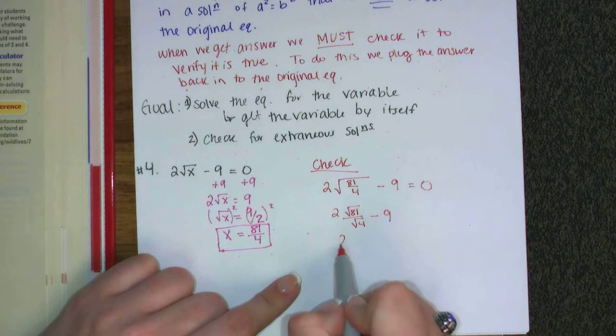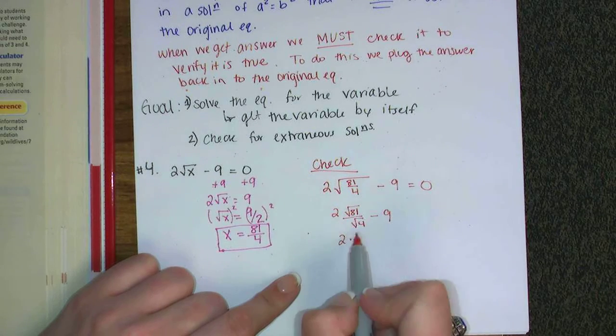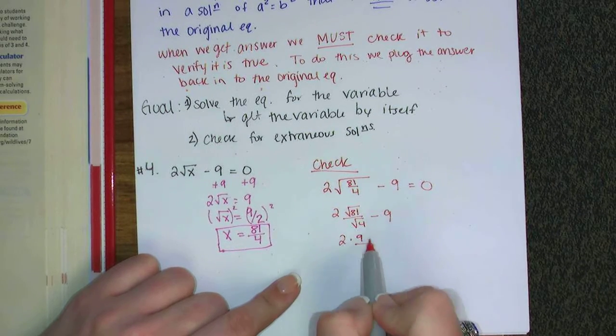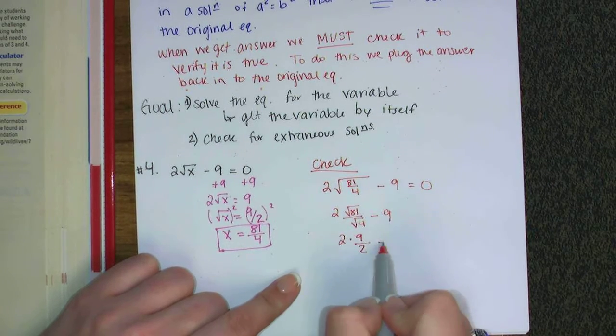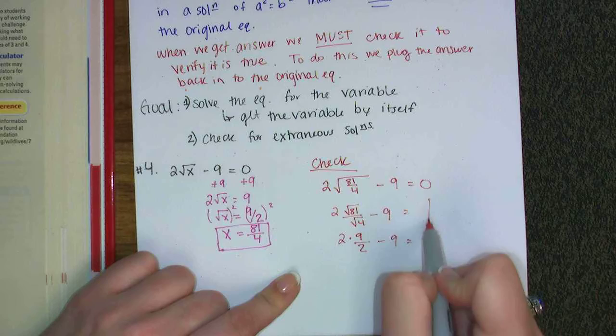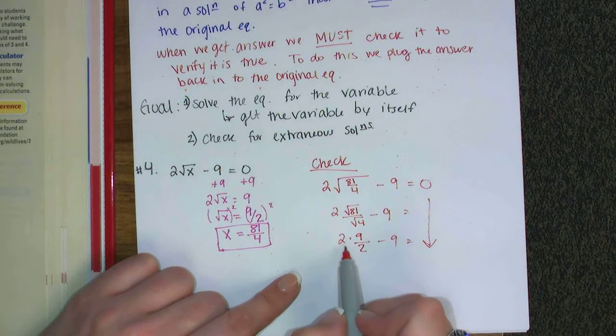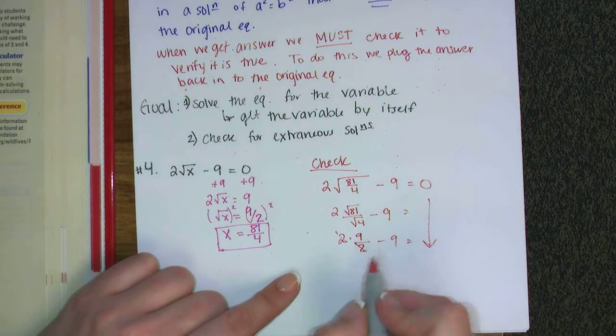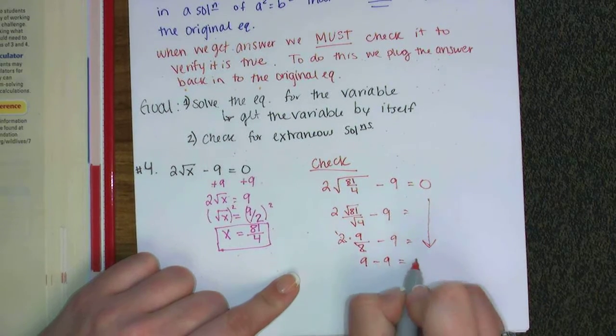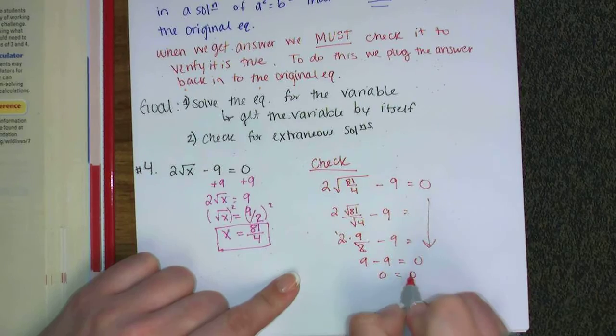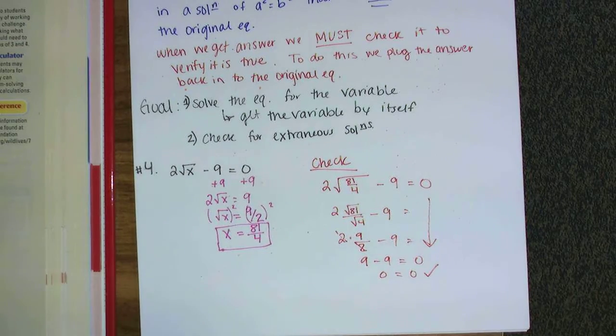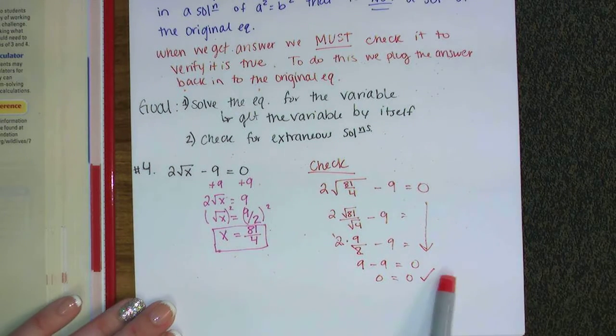This is 2 times the square root of 81 is 9 over the square root of 4 is 2 minus 9. We're just bringing the 0 down because it's got to be equal to 0. These 2's cancel each other, leaving me with 9 minus 9. And that's 0 equal to 0, so that's actually a solution. So that is not extraneous. So as long as you show this, you show me that it works, and we're good.